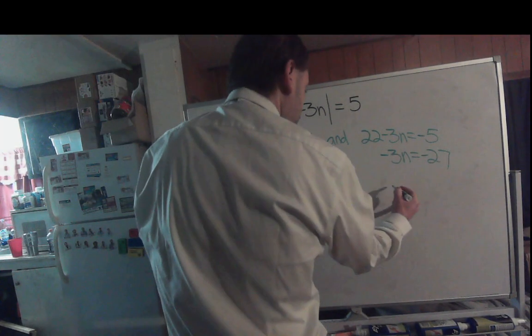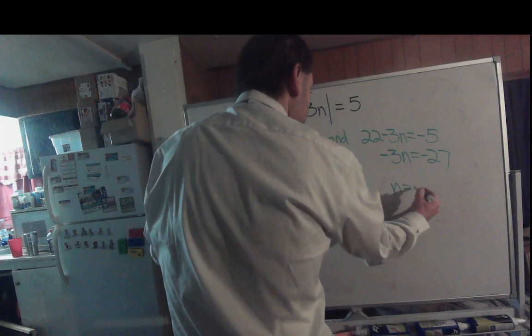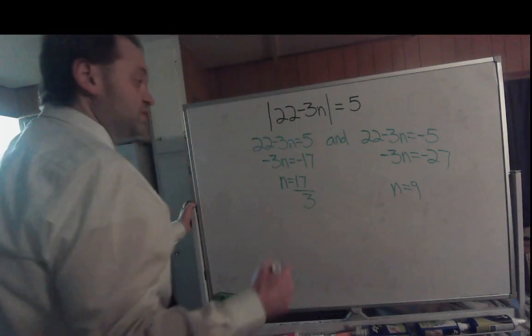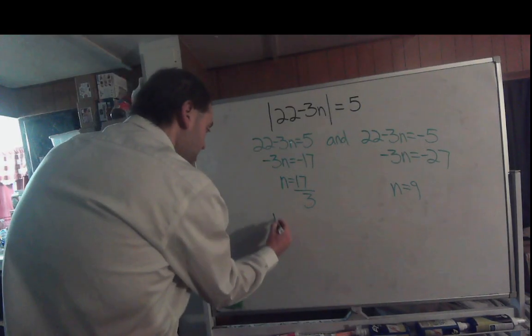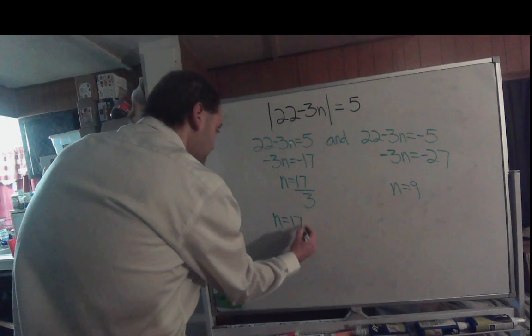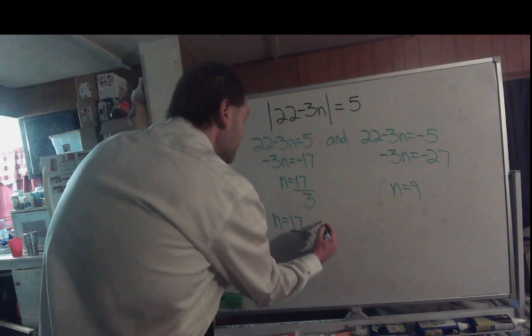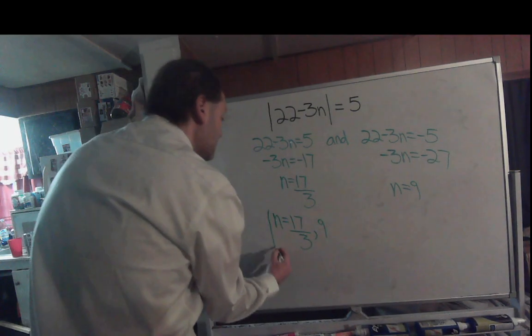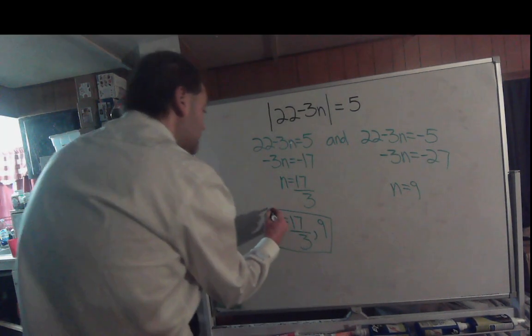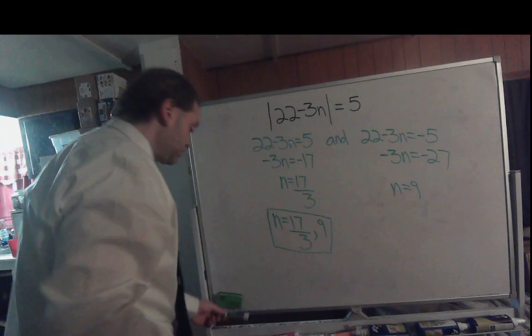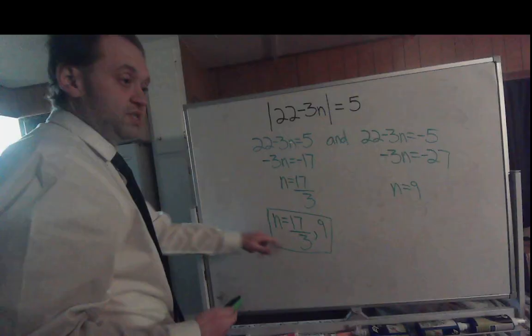And then solve for n here, you'd end up getting n equals 9. So you have two solutions then. N would equal both 17 thirds, and then it would also equal 9. So those are your two solutions for n, 17 thirds and 9.